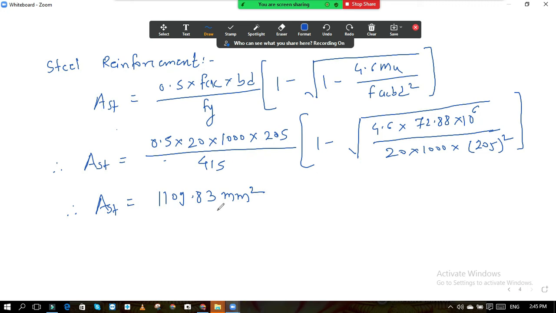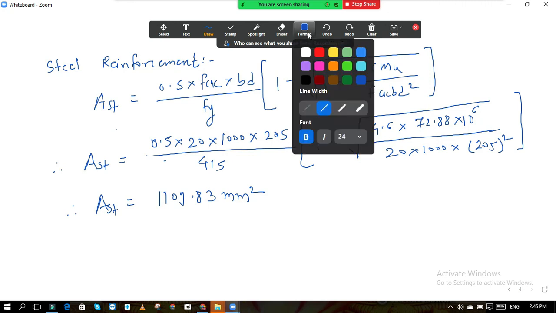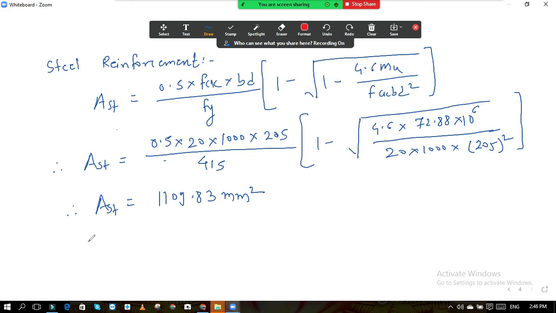Now we have assumed 10 mm bar diameter. Calculate the number of bars. Number of bars is equal to total AST divided by area of single bar.